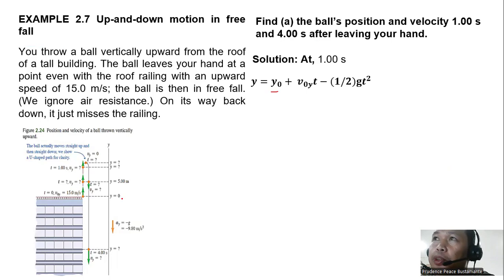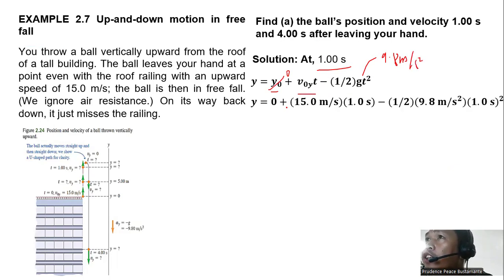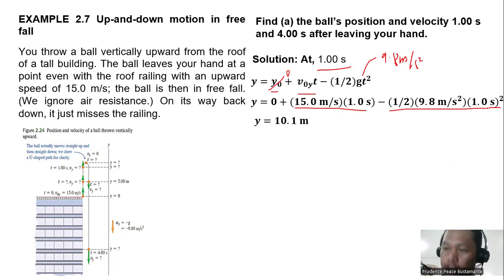We have an initial position equal to 0, an initial velocity of 15 meters per second, and time of 1 second, and here 9.8. It's no longer negative because we already incorporated the negative in negative g. If you do your calculations, 15 times 1 minus this term, you will get 10.1 meters. So your height after 1 second is 10.1 meters.